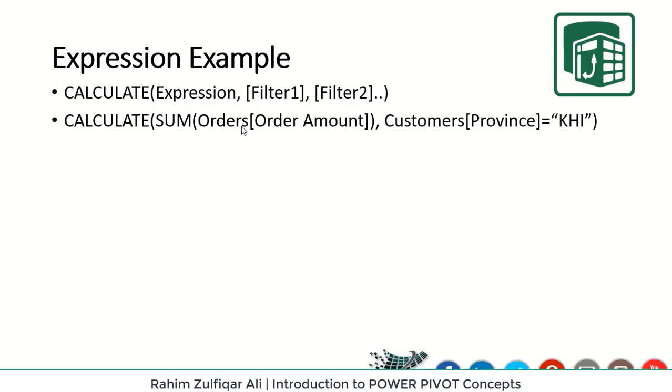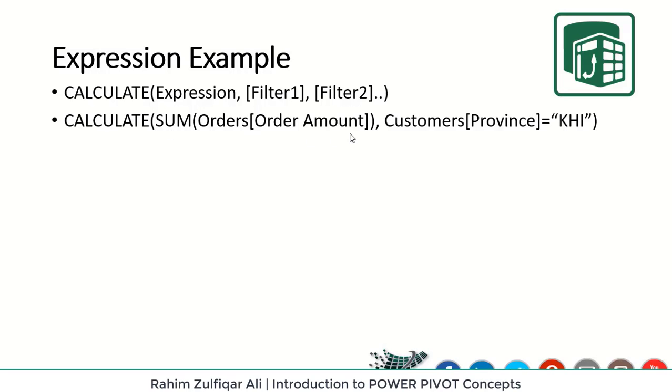I can also remove the table name if you have just one table, but if you have multiple tables and you need to bring a column from a specific table, you need to mention the table name. So I always suggest to my students to use fully qualified references in DAX.